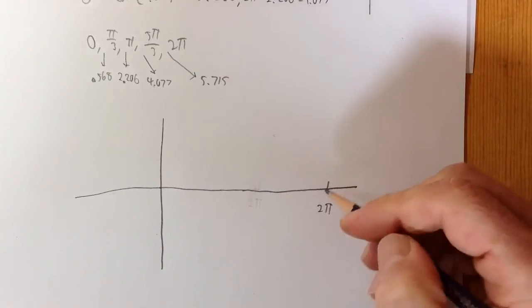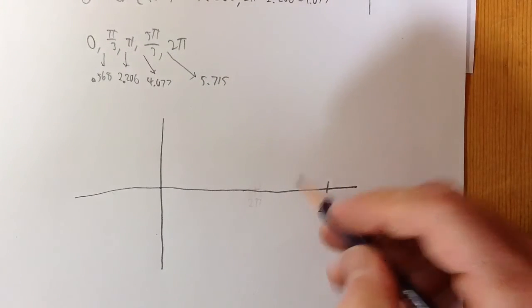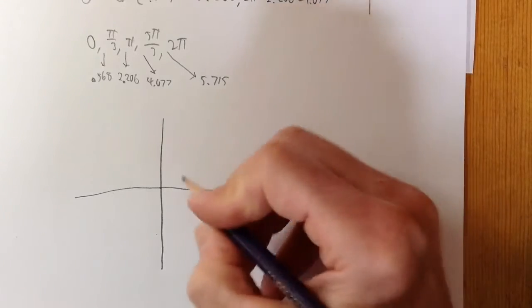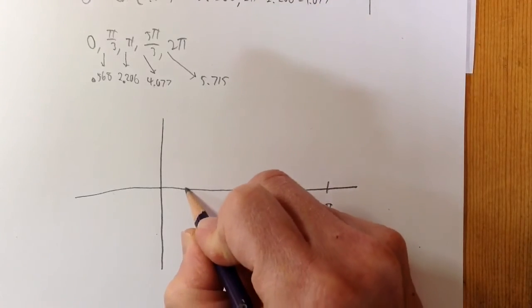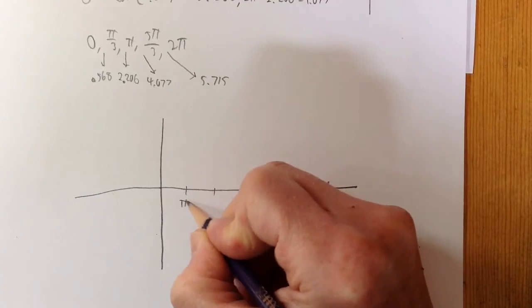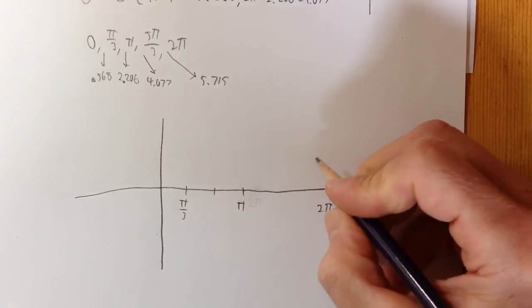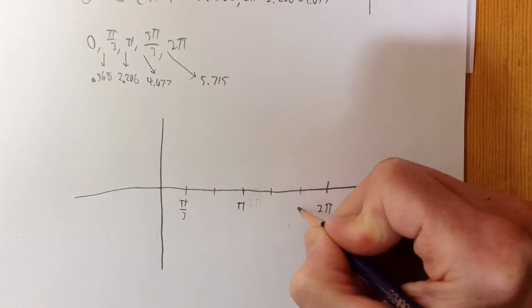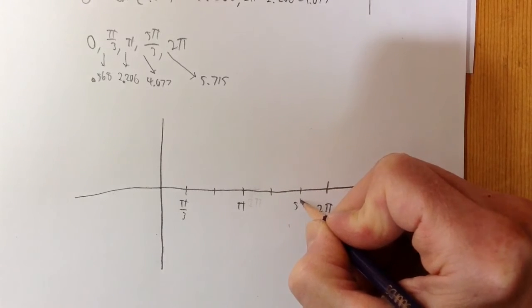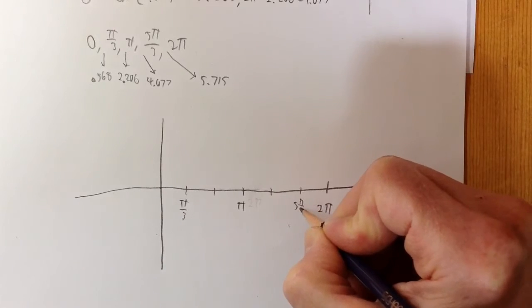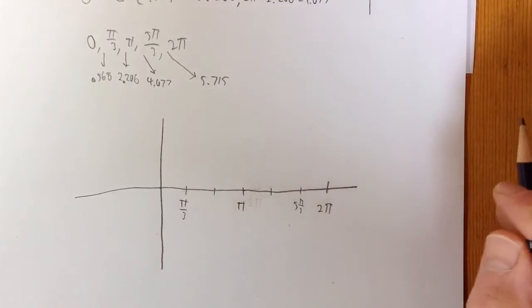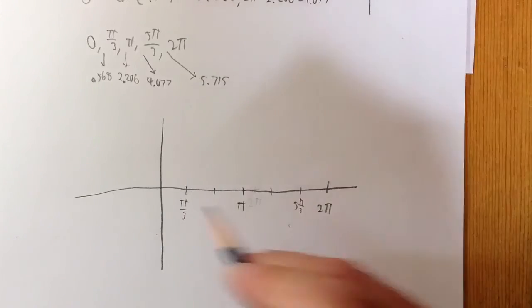Here's pi, this is a long video. Here's pi over 3, here's 5 pi over 3, and 2 pi and 0. Those are all the places the slope is 0.